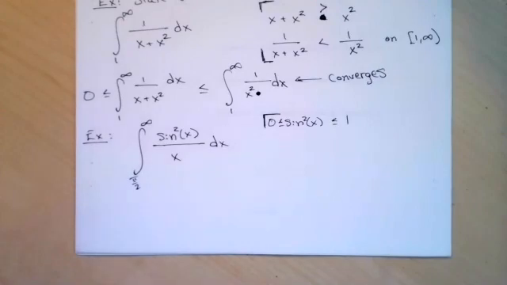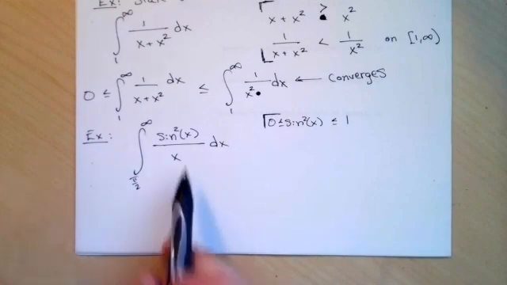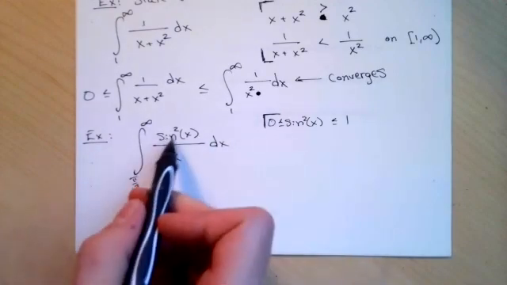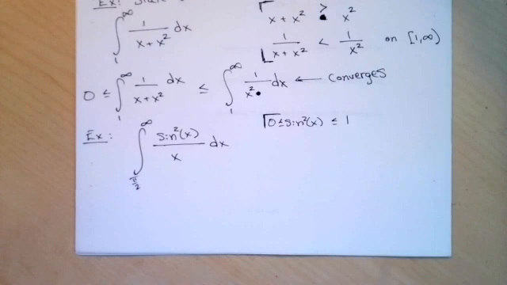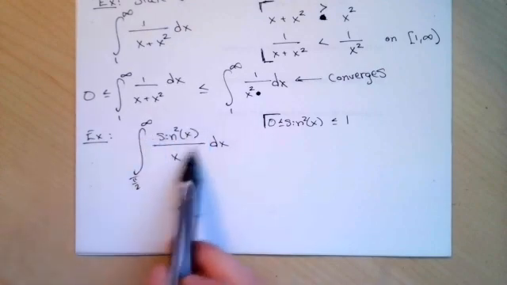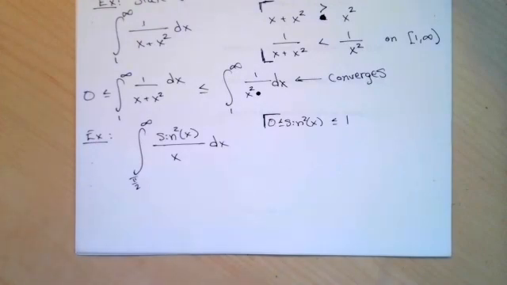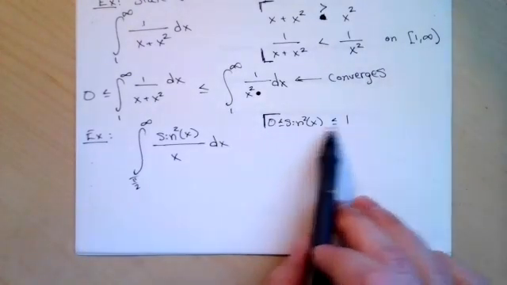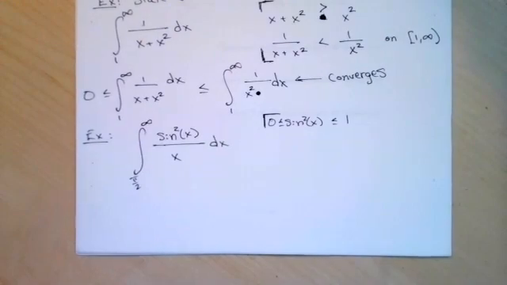We have something like a 1 over x or a constant over x maybe. And we can deal with constants over x because it's the same as 1 over x just multiplied. We can pull out that constant from the integral. So if we can bound sine squared, bound the function in the numerator by a constant, it'll help us. And I know that sine squared is always positive between 0 and 1.